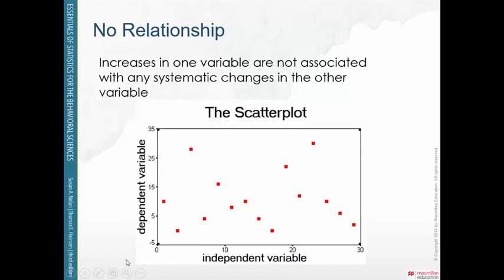Well, there's no relationship between shoe size and IQ, and you can see that here. You could have small feet and a low IQ. You could have small feet and a high IQ. You could have large feet and a low IQ. You could have large feet and a high IQ. There is no relationship at all. Okay?